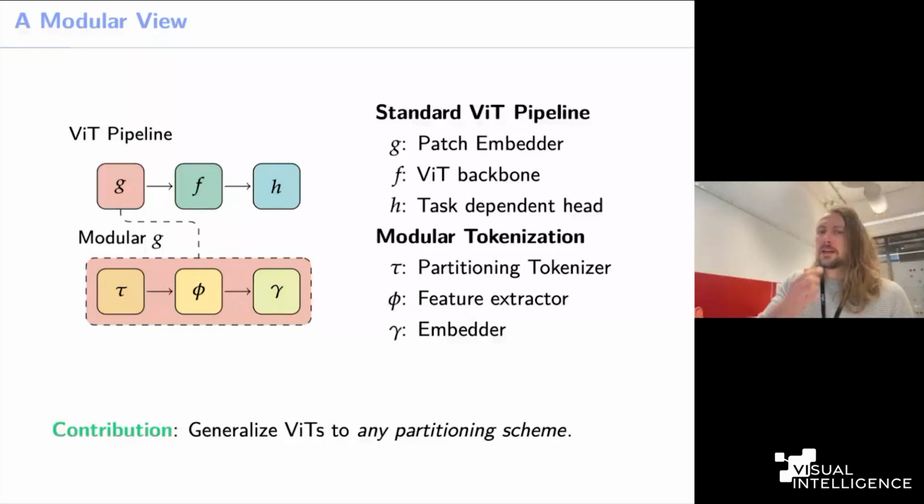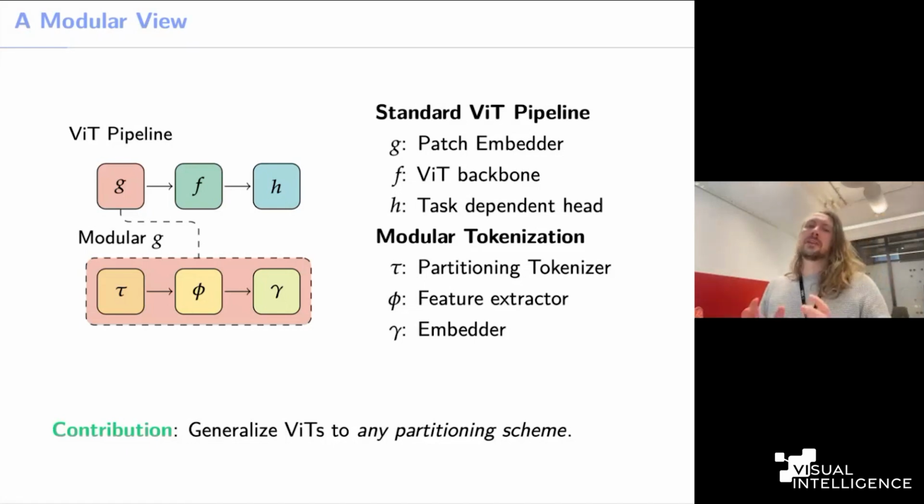The standard ViT pipeline has a patch embedder where you partition the image into patches, and you embed these patches by a linear mapping, and then you add positional encodings as well.